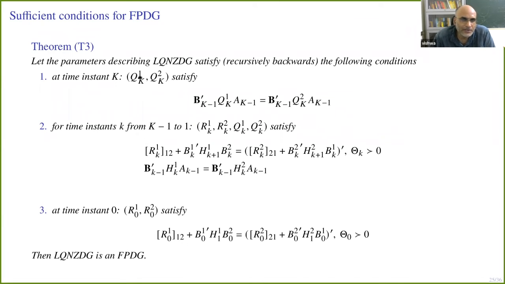Now we have the next result, which says that if the game parameters at time instant K satisfy this condition, this is the XU condition, and from time instance K minus 1 to 1, the game parameters satisfy this UU condition and this XU condition, and at time instance 0, the game parameters satisfy these conditions. Here there is no condition on the Q matrices, so we are free to choose them. This is a UU condition. Then the game admits a potential game structure.